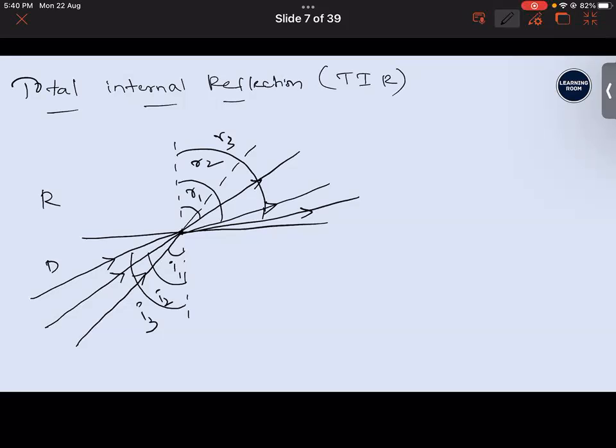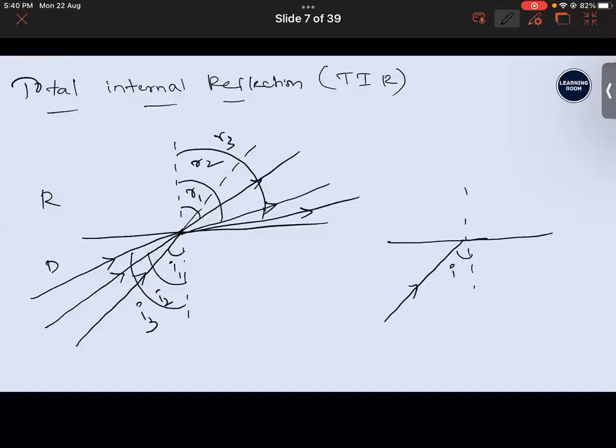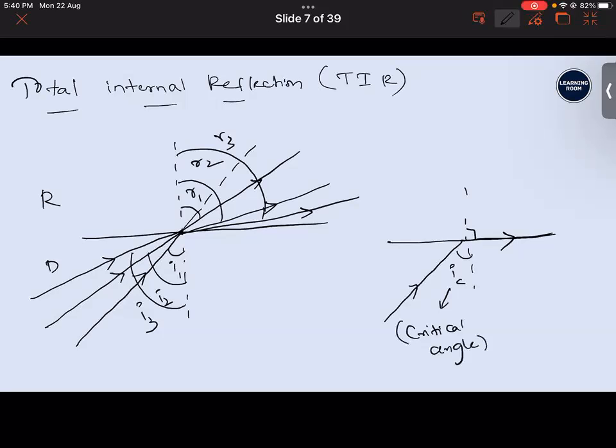If I continue the same process, there will be a particular angle of incidence at which the angle of refraction will be 90 degrees. Then this angle I is called IC, or critical angle.